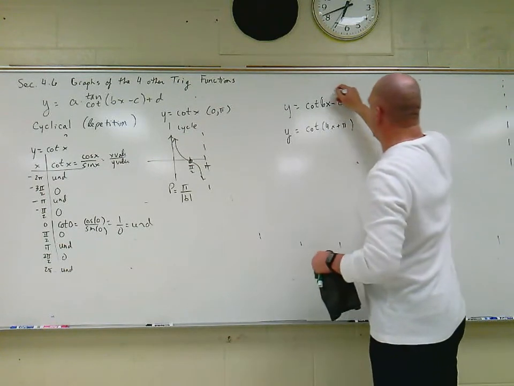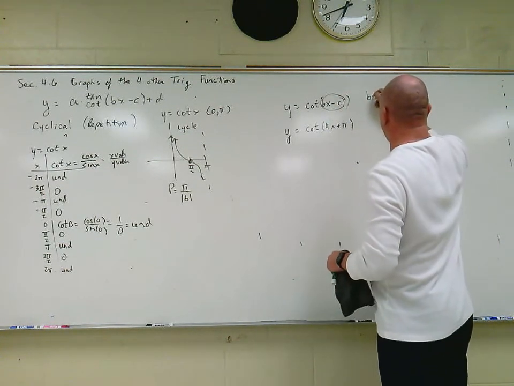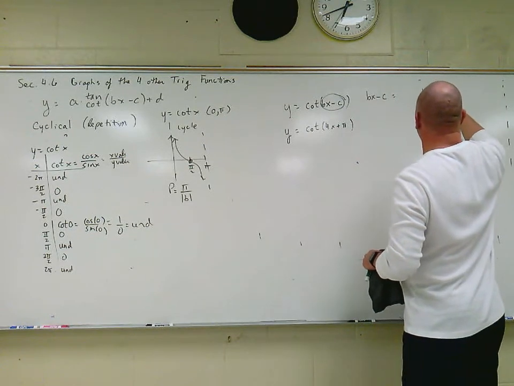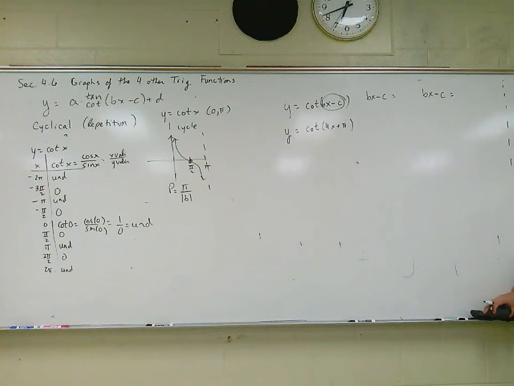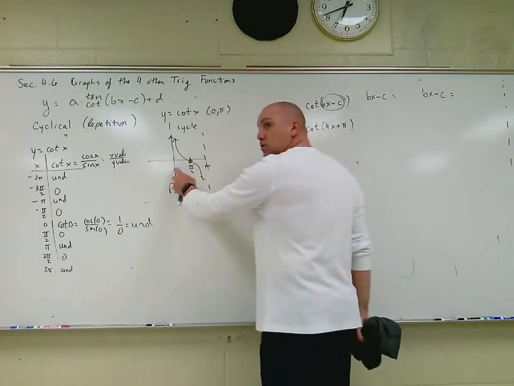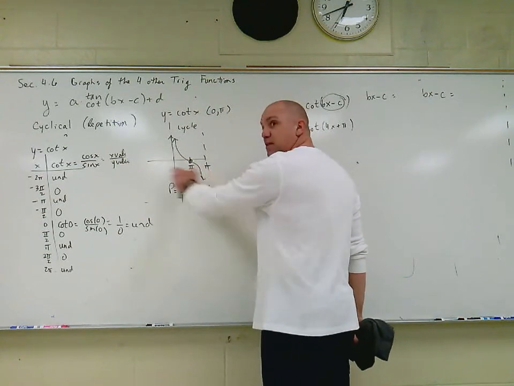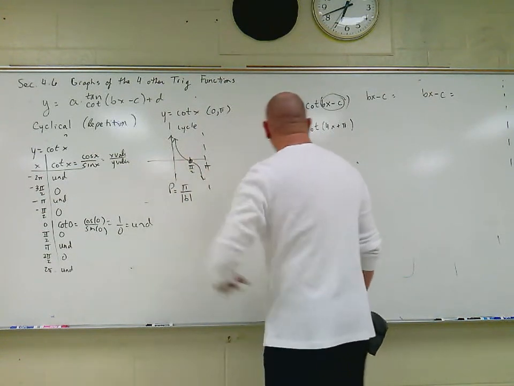We should take bx minus c, set it equal to what and what? So take the thinking that we've used on the other problems, and what would you set the inside equal to? 0 and pi. Very good. Because that's where this starts and ends, and that's what we'll solve for.